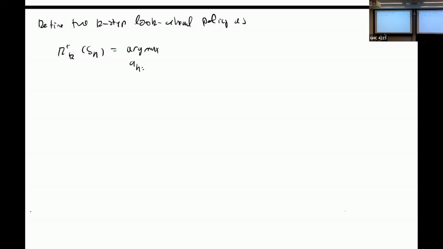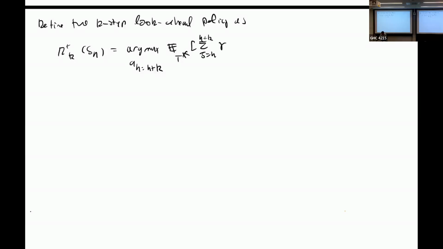Expectation under, for simplicity, I'm going to do everything under the ground truth dynamics. Otherwise, you would basically tack on an extra term because of the simulation lemma. So from tau equals h to h plus k.